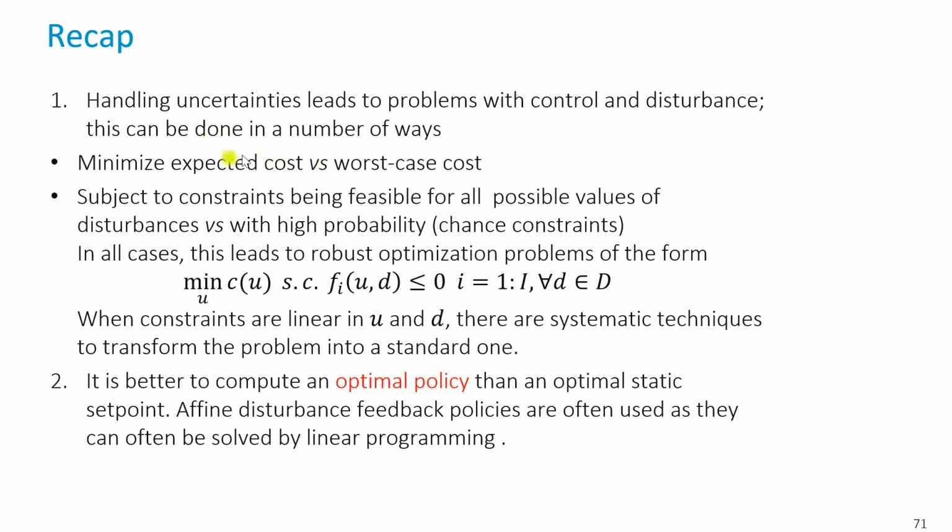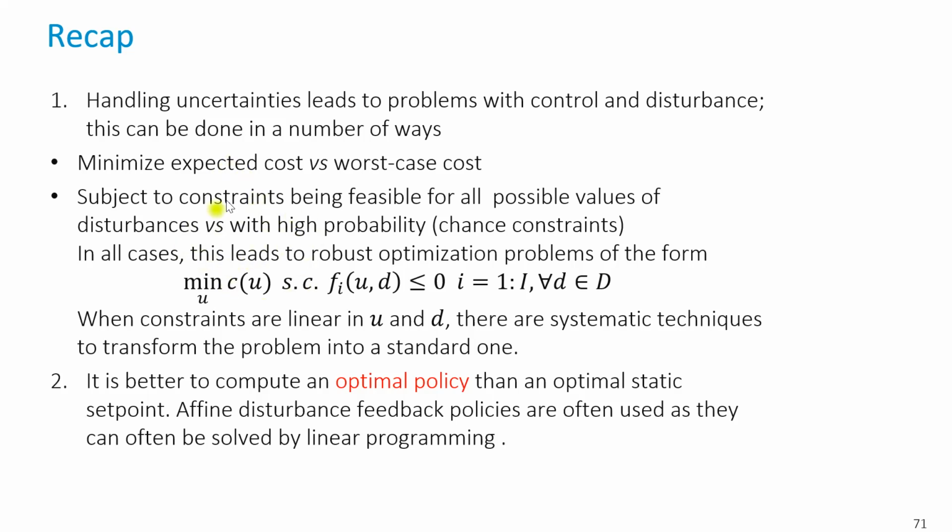Sometimes people take the expected cost. That's what we will do in the labs because this is very often the simplest one. Sometimes we can do also the worst case cost because this leads to simpler formulations, often in particular when the distribution of the disturbances are not known or not easy to manipulate.